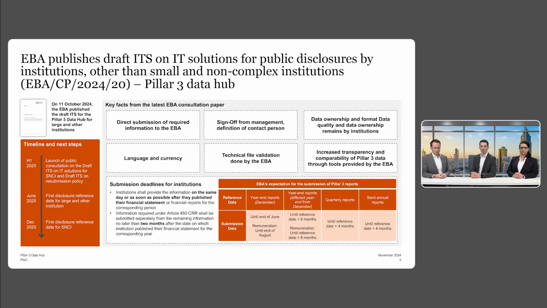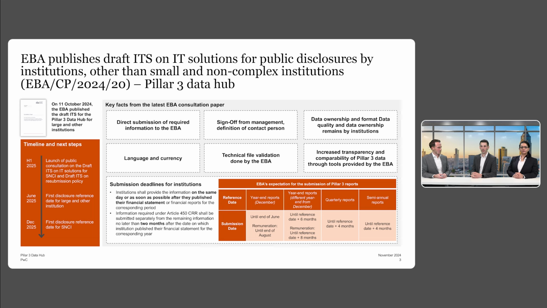From the recent publication on the ITS for the large institutions for applying the Pillar 3 Data Hub, we have presented the key facts on this slide. Basically, the most important information is that there is now clear guidance that this Pillar 3 data has to be directly submitted to the EBA.